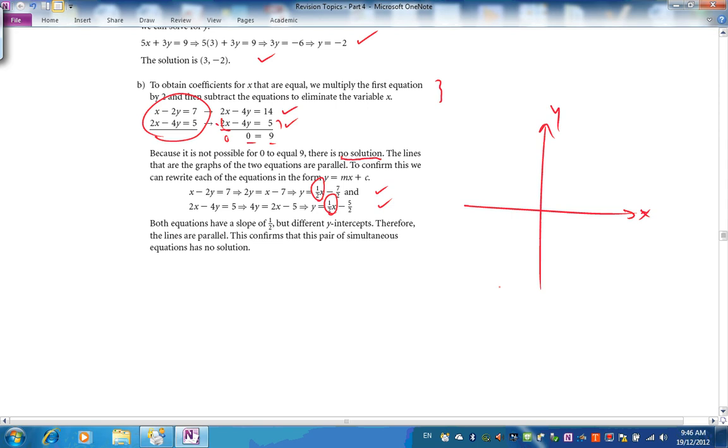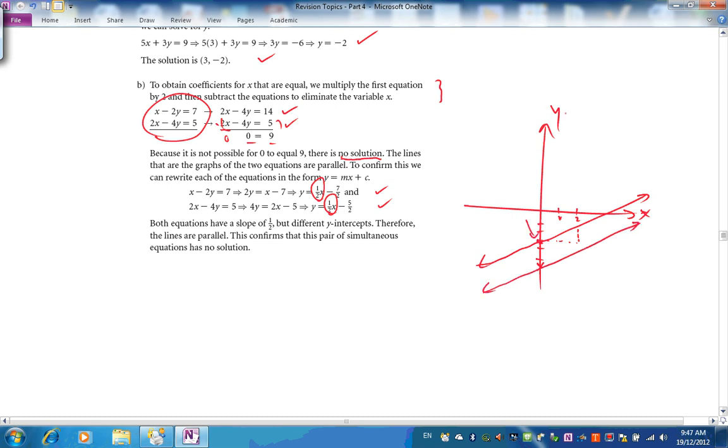A half x take 7 over 2 and take 5 over 2. 7 over 2 is 3.5, so it goes through there somewhere, and 5 over 2 somewhere there, and it's got a slope of a half. So if we go 2 in the x, we go 1 in the y. So that's one of them, and that's the other one.